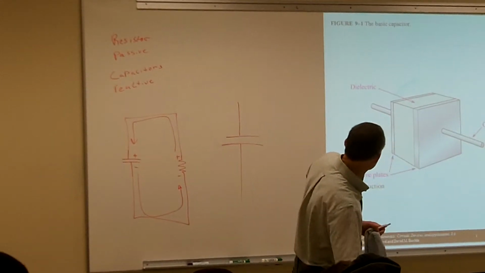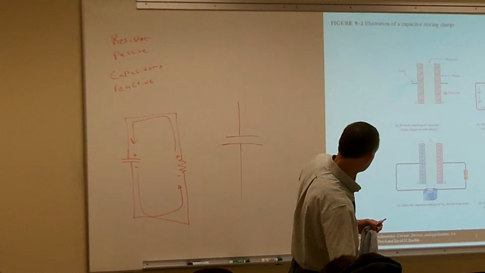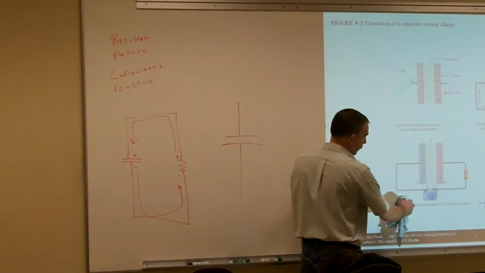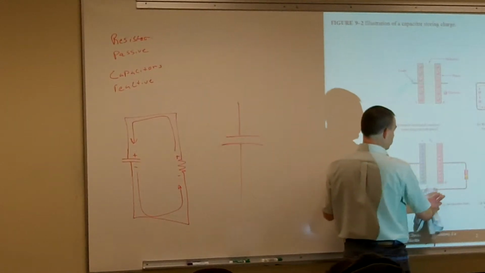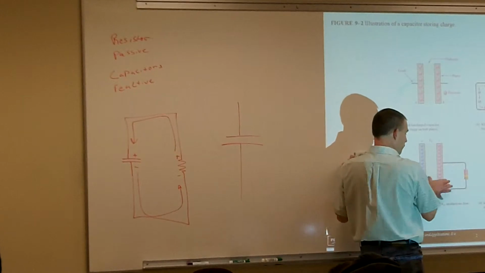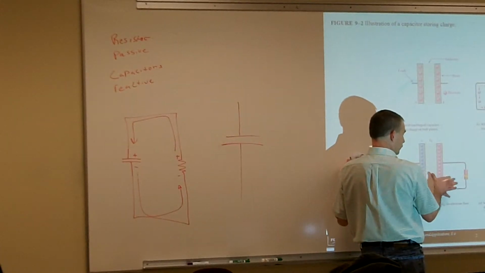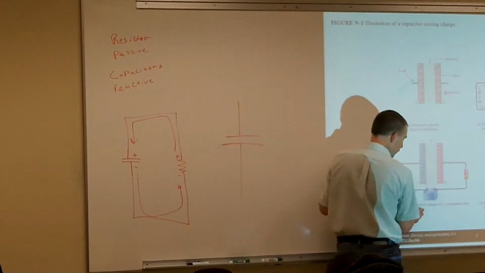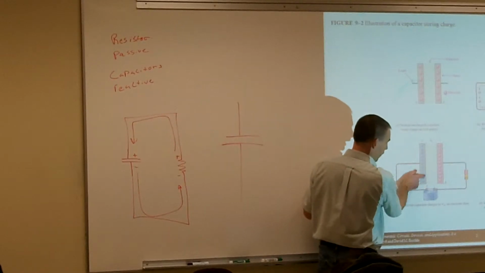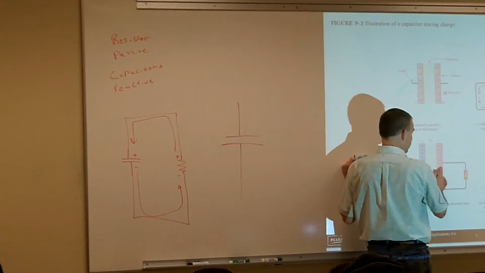So basically how these capacitors work is that when we hook up a voltage source to it, we separate all the electrons and the protons onto each individual plate. All my protons go on the positive side of the battery, and all my electrons go on the negative side.